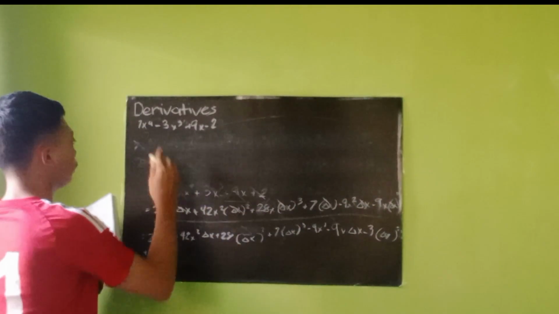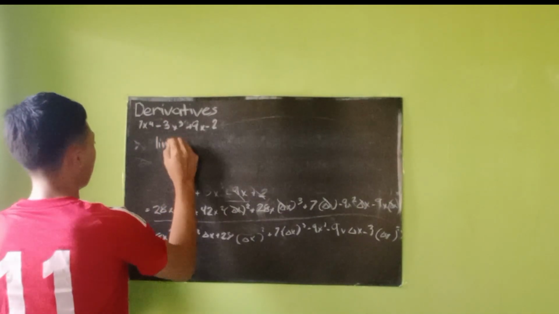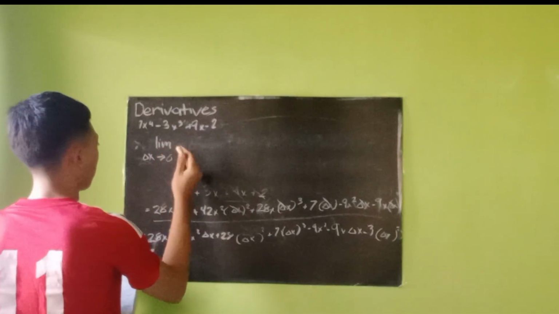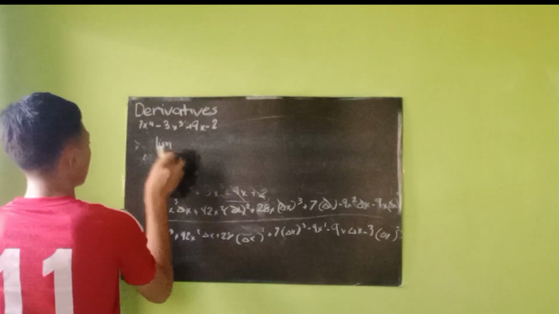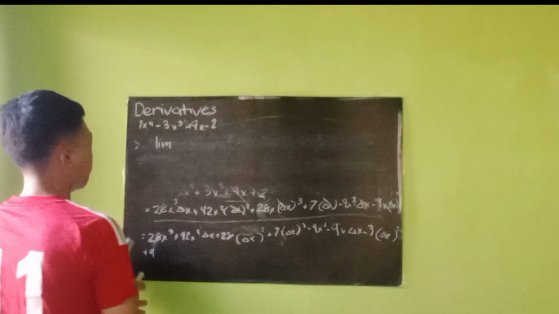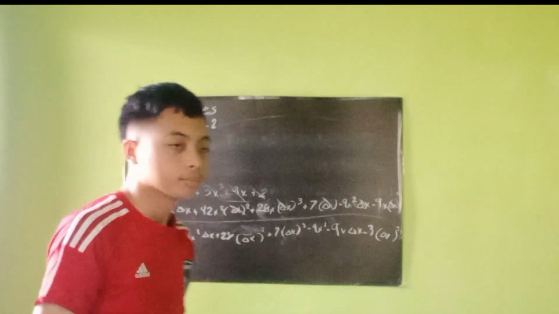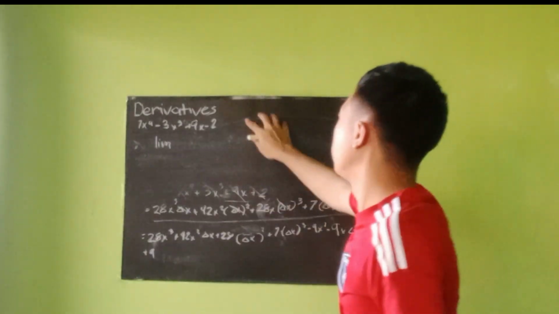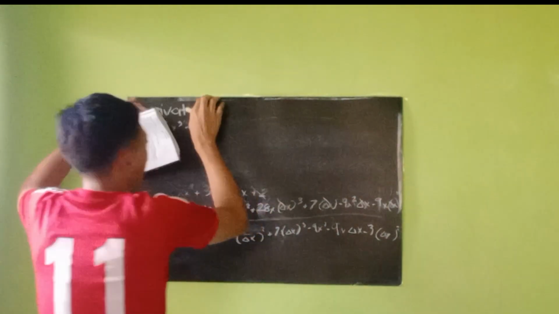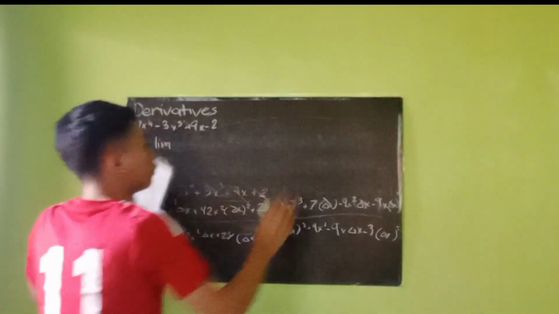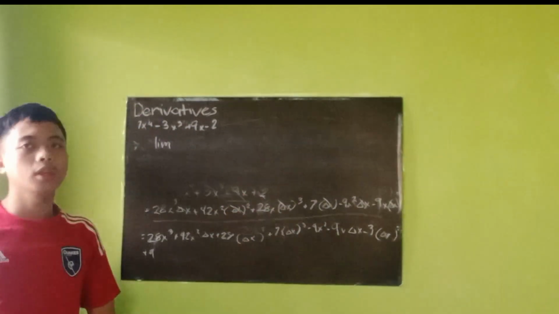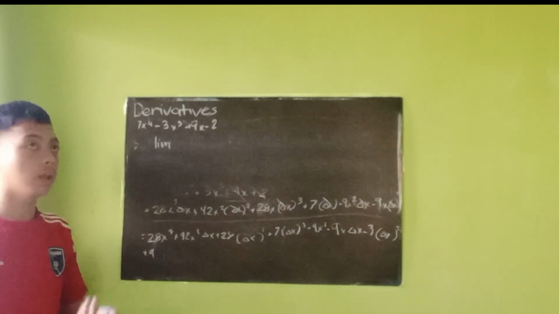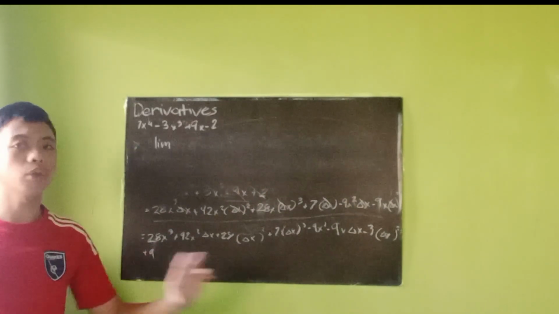Alright, so as the limit of delta x approaches 0, in the last step rather, you will have to apply the limit for delta x. So as we mentioned, delta x approaches 0.